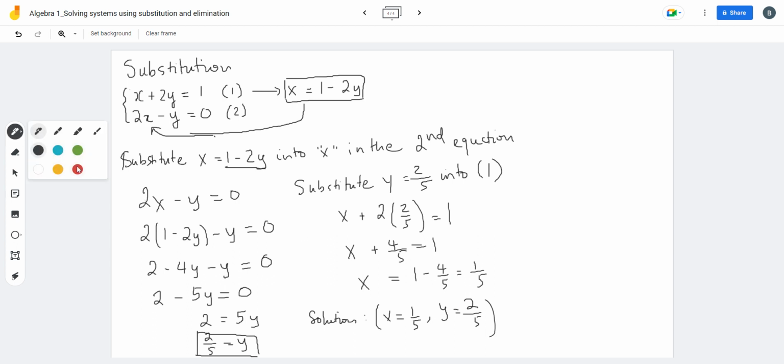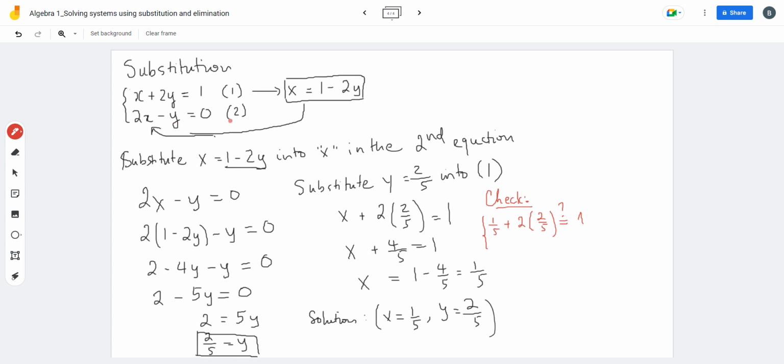We always have to check our answers, and checking is very important because it's a way for us to ensure that our answers are correct. Basically, you just have to put the values x and y into both equations. So I would have x plus 2y equal to 1. So x is 1 over 5 plus 2 times 2 over 5, and I want to check whether this is equal to 1 or not.